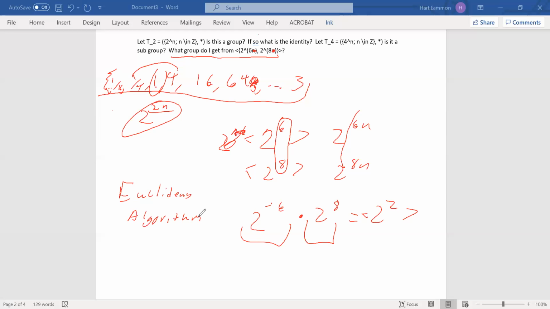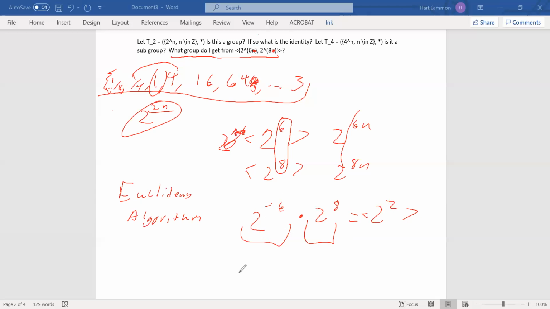Have you guys worked with the Euclidean algorithm before? I did it when I taught discrete, and if you guys have done any number theory, then you definitely would have done it. Okay, cool. So basically, you can always manipulate these guys to get down to your GCD.